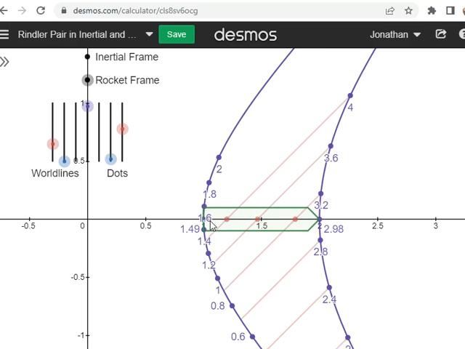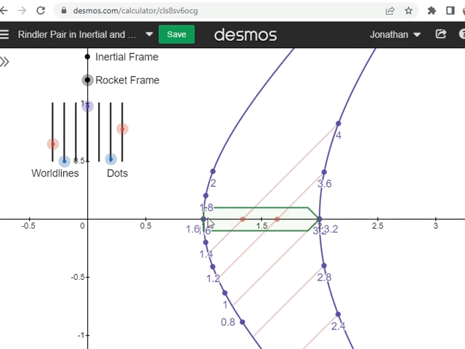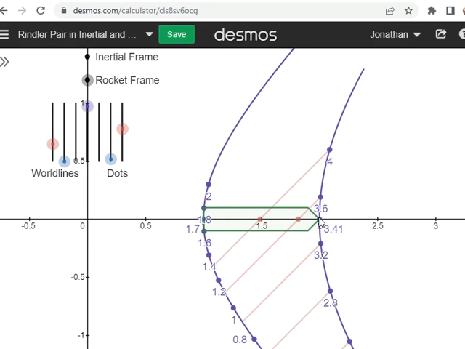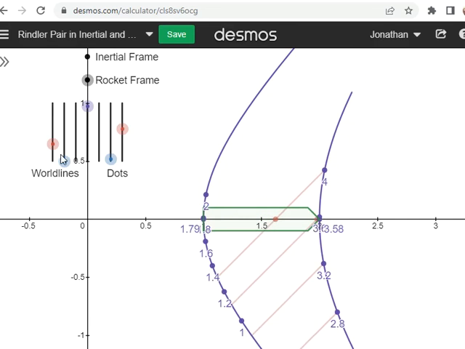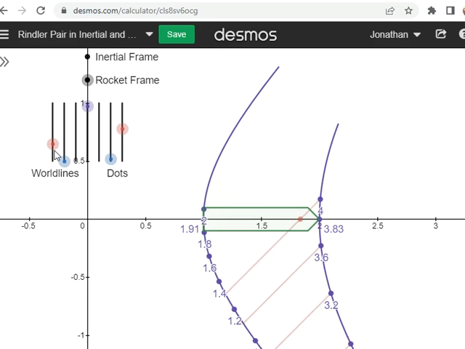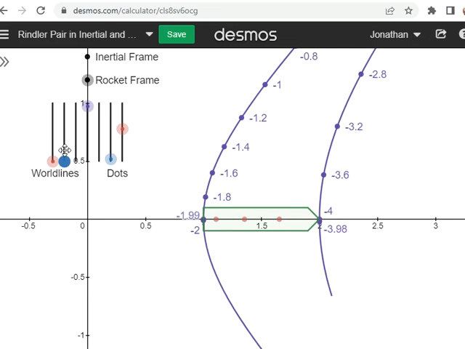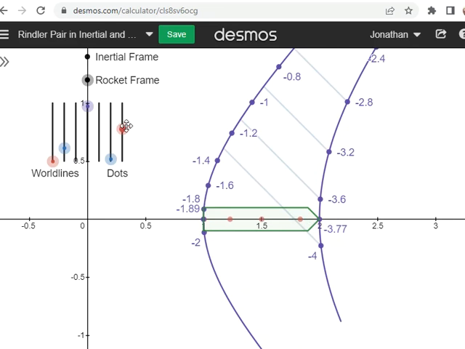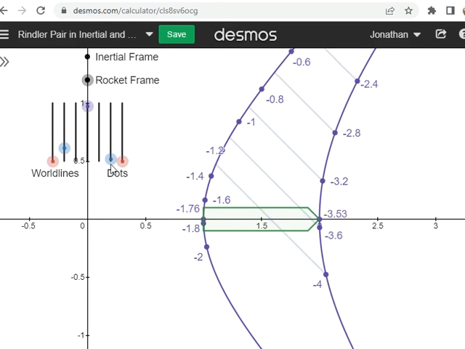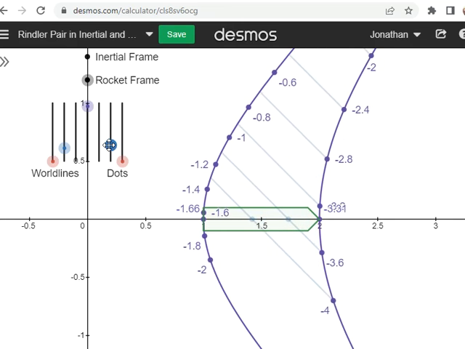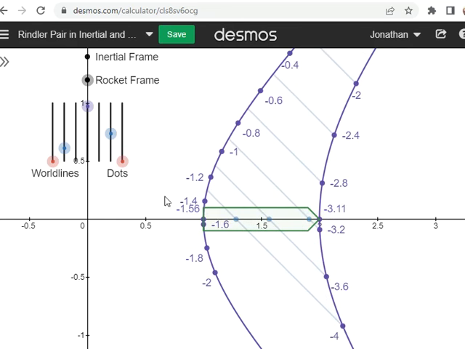I think you would say the time is going slower here than it is here. And then we can go in reverse. Let's move the red dots down and the blue lines up, and you can see the opposite is happening.